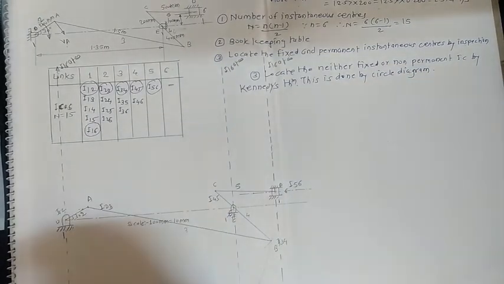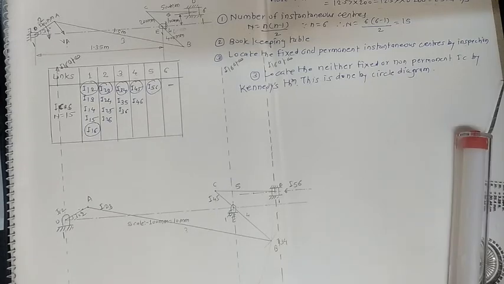So in this case, draw one circle with any radius. Okay, there is no meaning for the radius we have considered for drawing the circle. So we draw that circle to get the information regarding the neither fixed nor permanent instant centers.